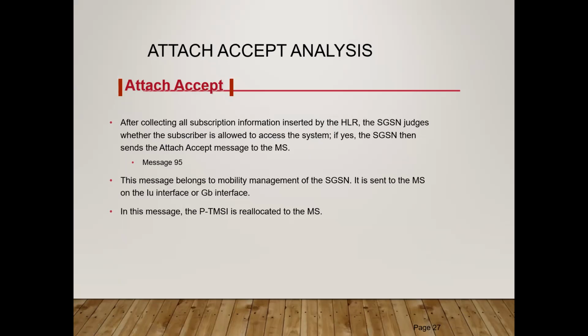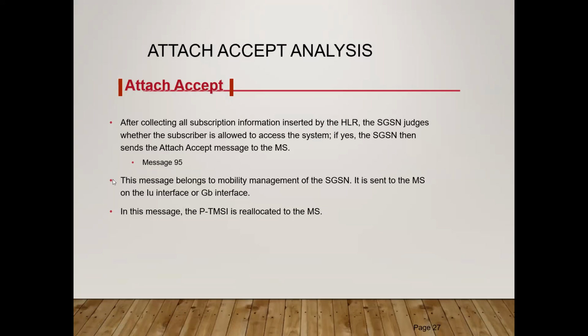In that case, the SGSN is going to judge that okay, there is no subscription, or maybe the subscription information says that the user cannot use the service. Maybe your roaming GPRS is barred, or maybe your GPRS service is barred and your MS is outside the PLMN, something like that.